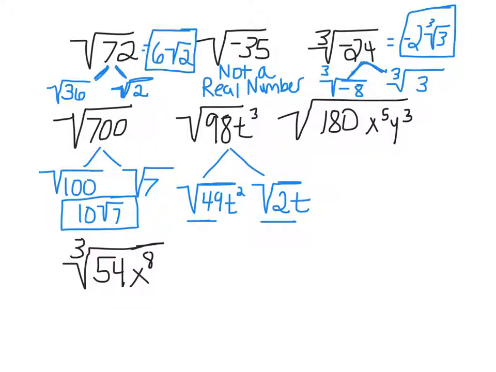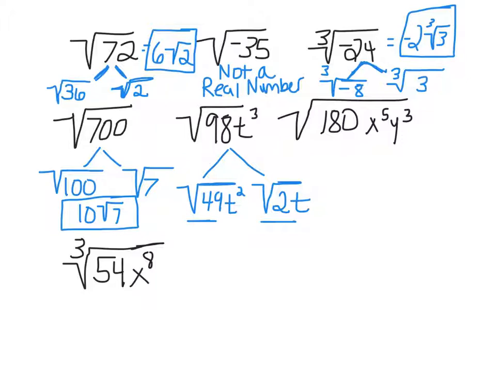Alright, so what you're looking for when you're breaking up a variable is the largest number less than your exponent that is divisible by the index. Okay? In this case, it happened to be 2.